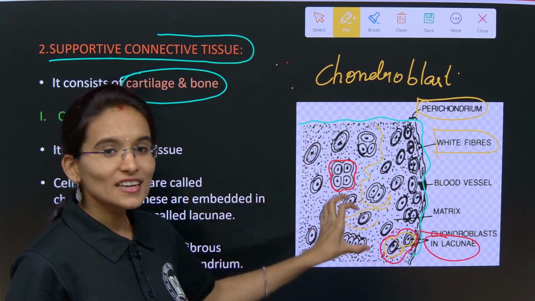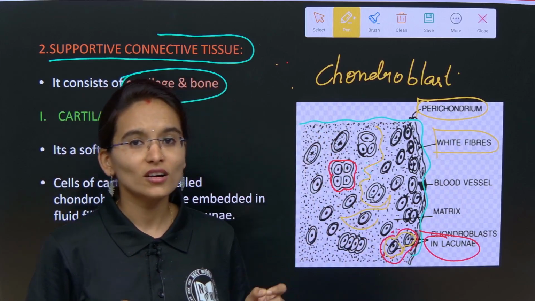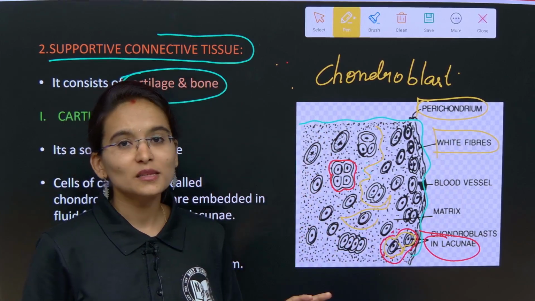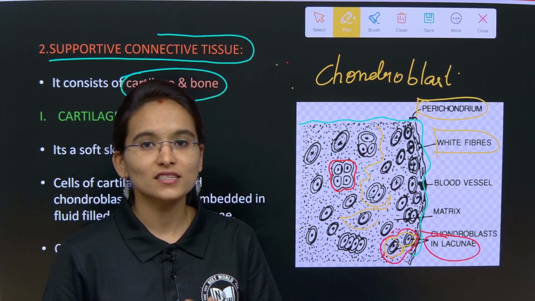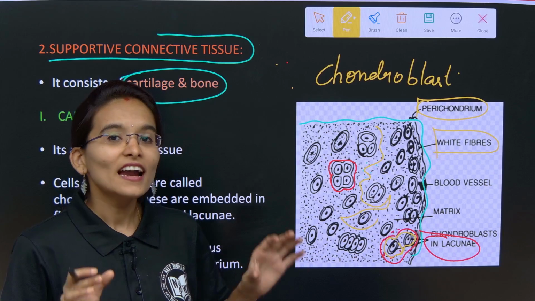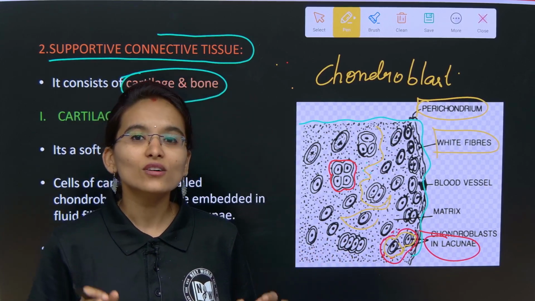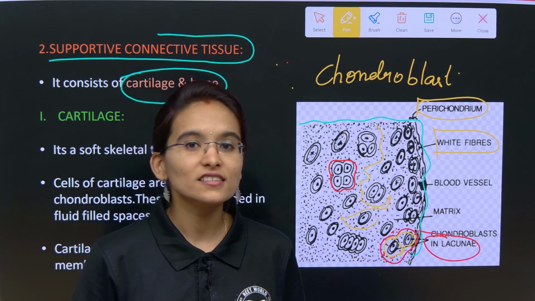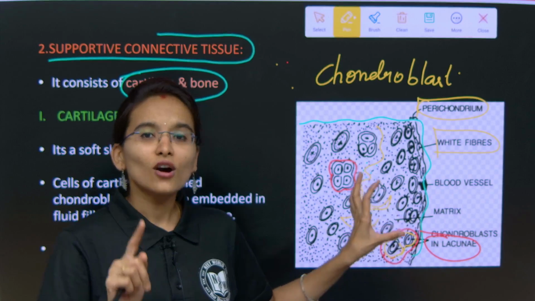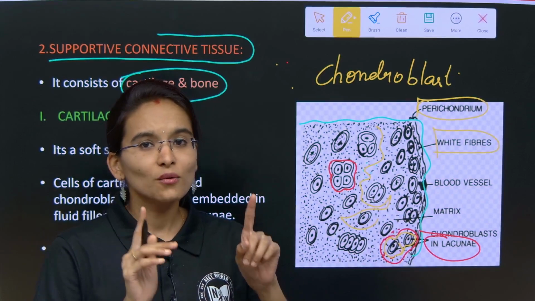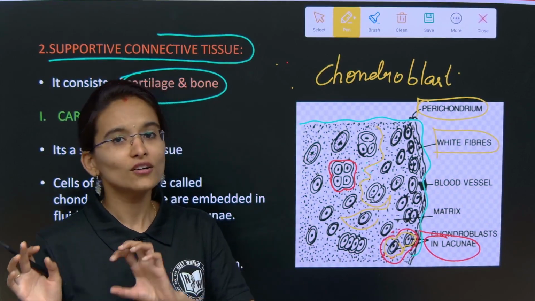Inside the cartilage there is a semi-solid matrix, inside the matrix there are fluid filled spaces called lacunae, and inside the lacunae we find the cartilage cells called chondroblasts. Inside a lacuna the chondroblasts may be embedded as 1, 2, 3 or 4.